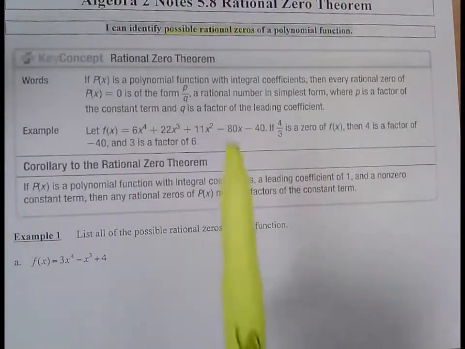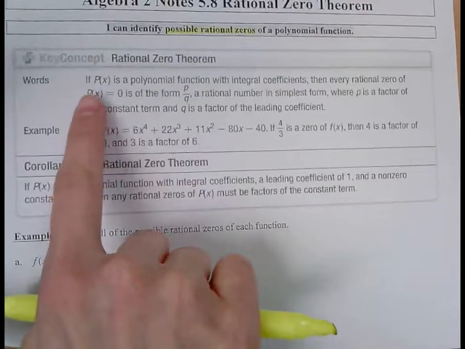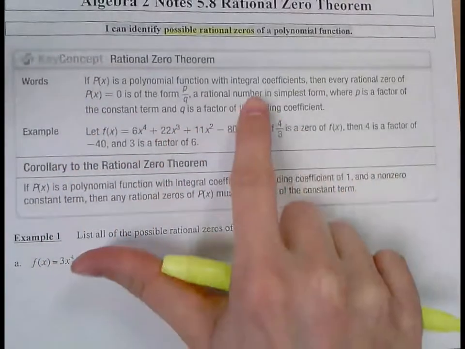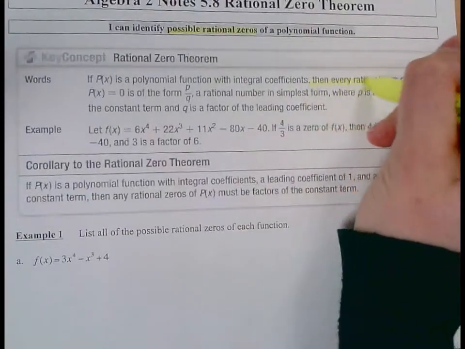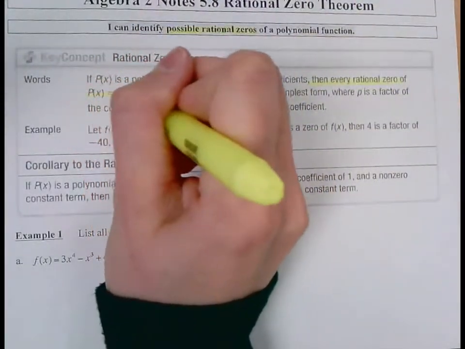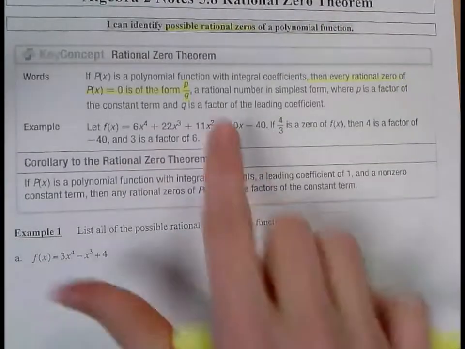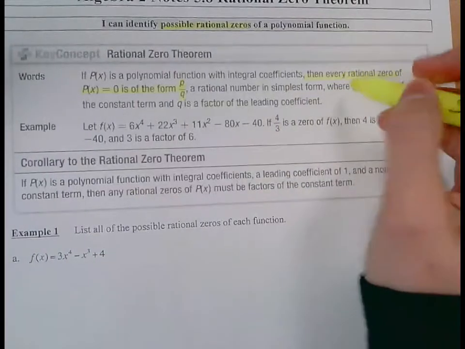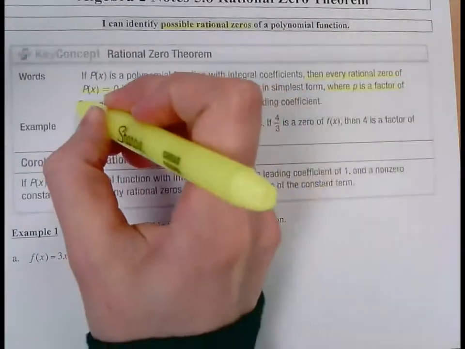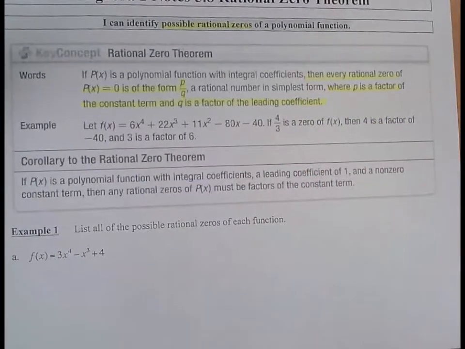And remember that a rational number is a number that can be expressed as a fraction. So the rational zero theorem states: if p of x is a polynomial function with integral coefficients, so the coefficients are integers, then every rational zero of p of x equals 0 is of the form p over q, a rational number in simplest form, where p is a factor of the constant term and q is a factor of the leading coefficient.